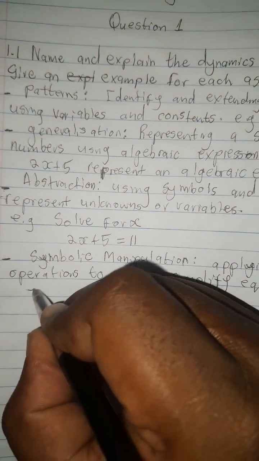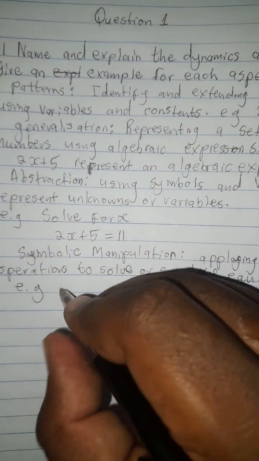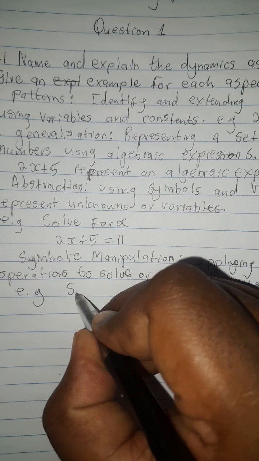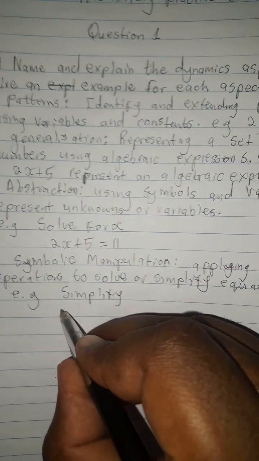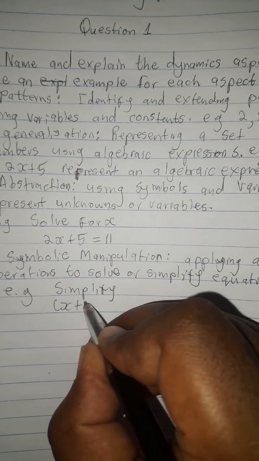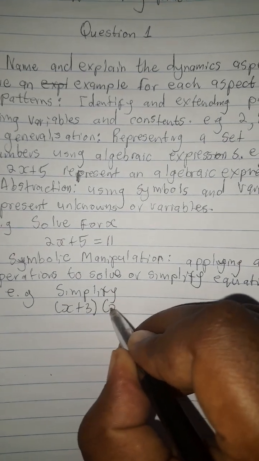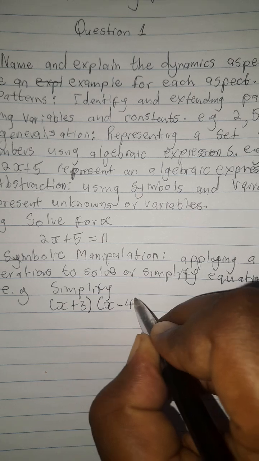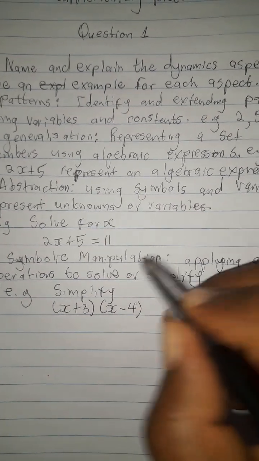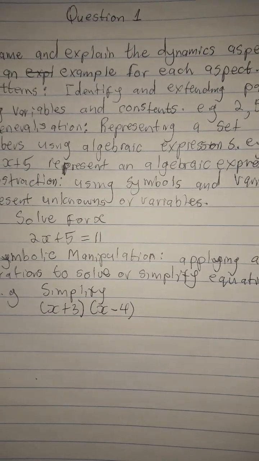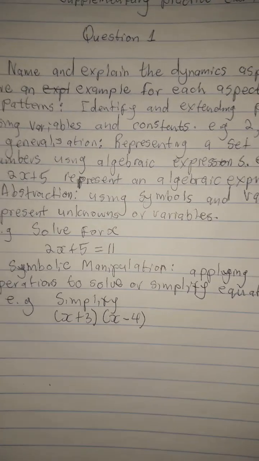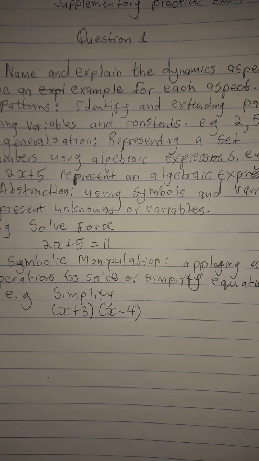For example, simplify x plus 3 and x minus 4. When you simplify such an expression, you may use a property such as the distributive property, so that you're able to simplify this expression.